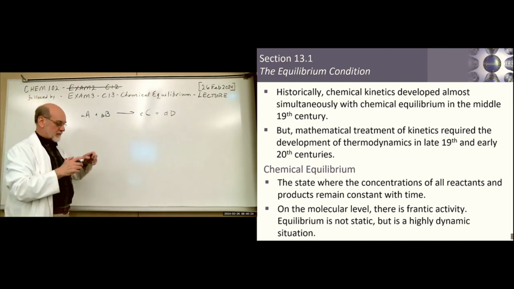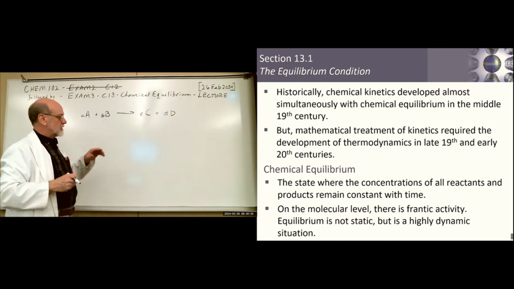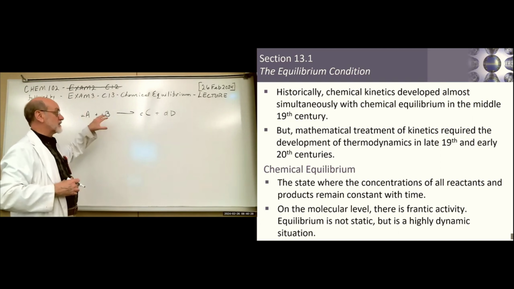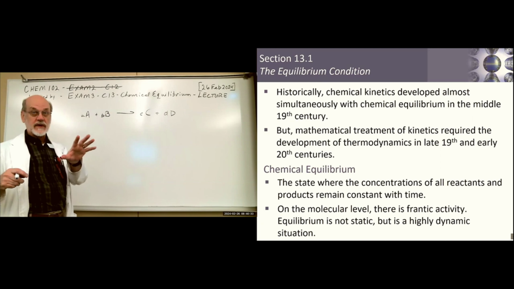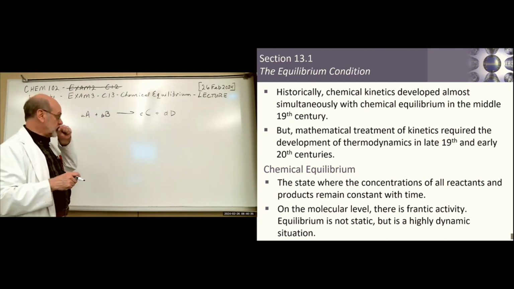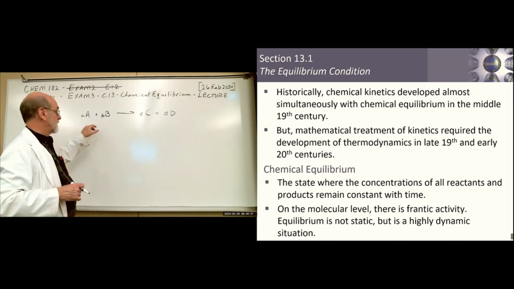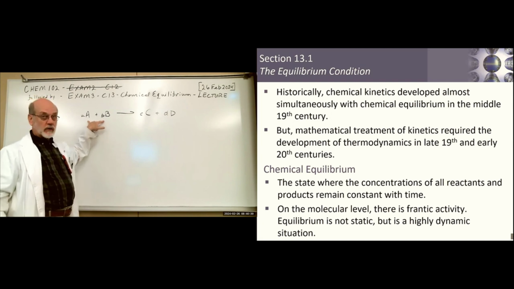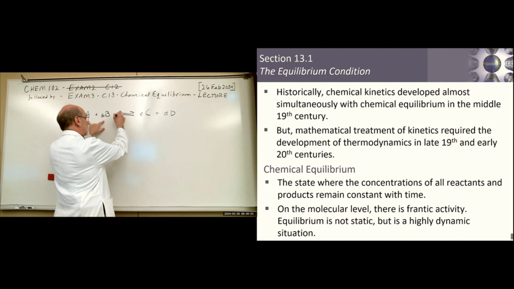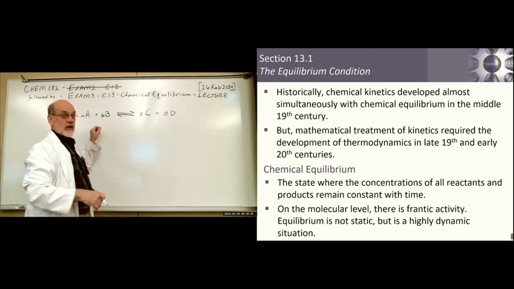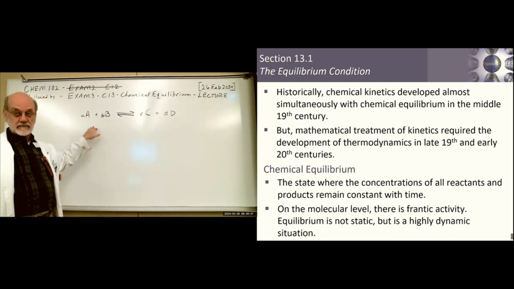So when we look at the reaction in the macroscopic, in other words, what we can observe and measure, what we see is that eventually, even if you start off with only reactants, you'll end up with some products, but you'll still have some reactants, usually.